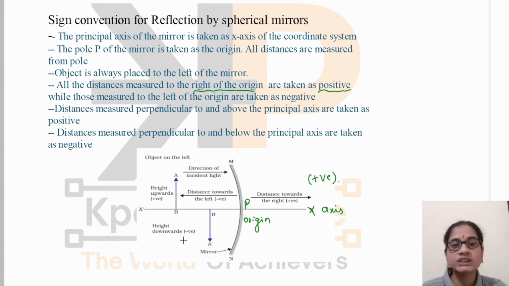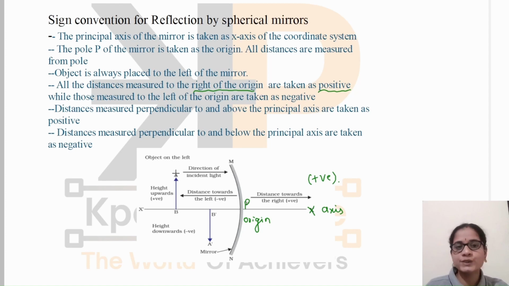And those distances which are measured to the left of the origin are given negative values.